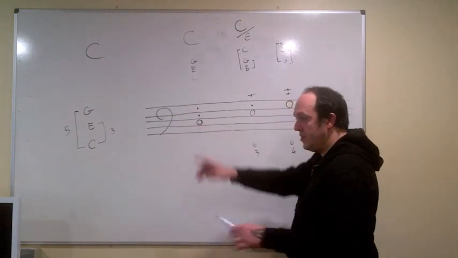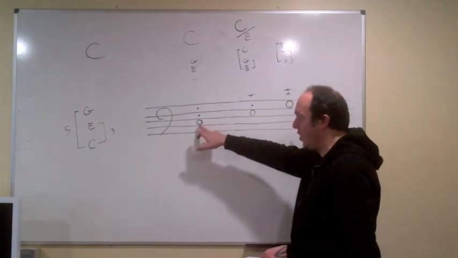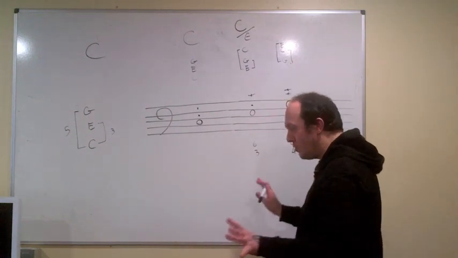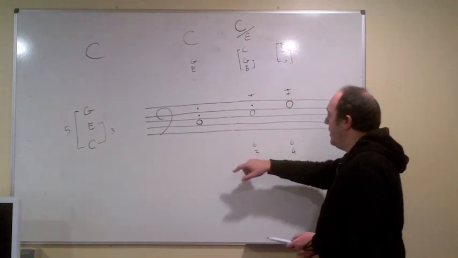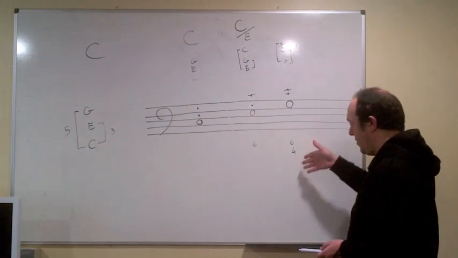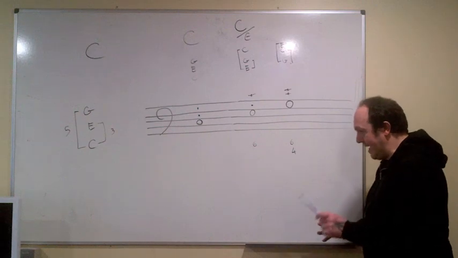If you see a note in figure bass on its own, and there's no number, that means that the chord above is in root position. 6, 3, just 6, and 6, 4, we just write 6, 4 because it's such an important chord.